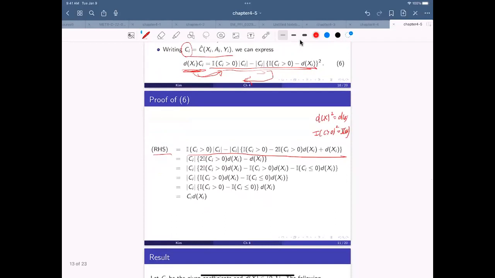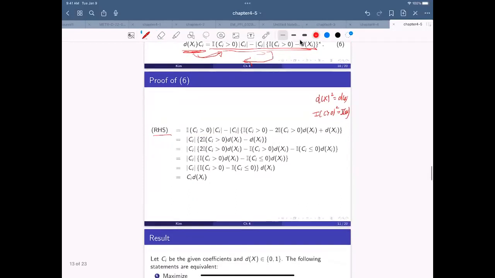That's the first step. And then from the second equation, it's just algebra. You just simplify and you get the second equality.